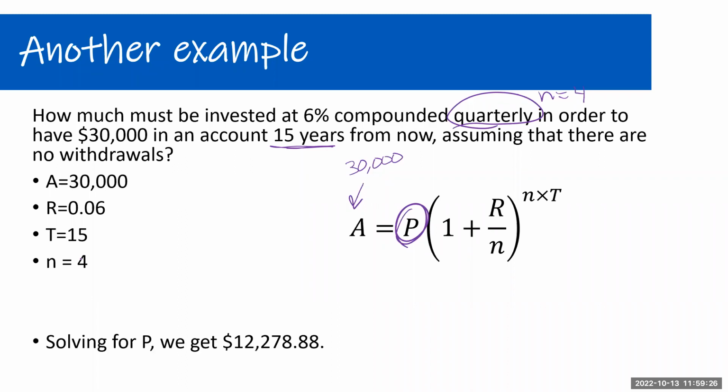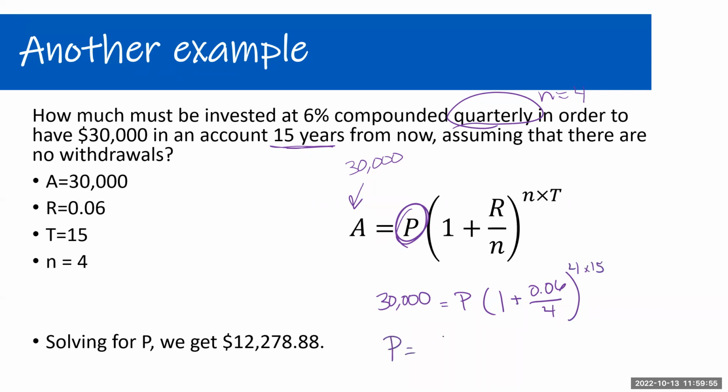You should be able to get the answer of $12,278.88. If you need help with that, you can see that $30,000 is going to equal P times 1 plus 0.06 over 4 to the 4 times 15.